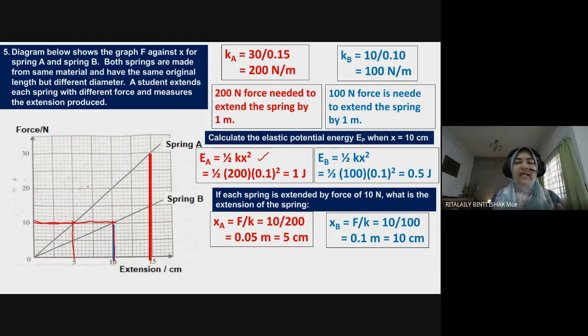We answer according to what is needed by the question, not according to what we want. The question says refer to graph, so you have to refer to graph. You have to extrapolate from the graph. If the question didn't say anything about graph, then you can use calculation.